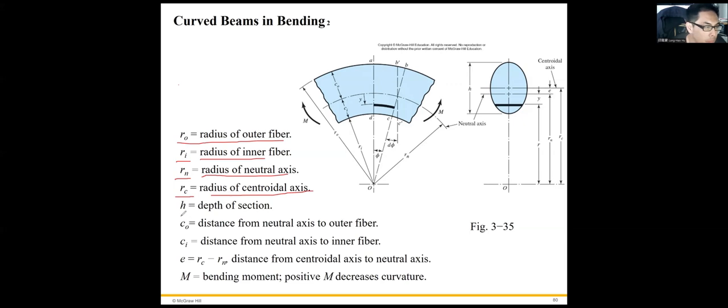And h is the depth of the section. And co is the distance from the neutral axis to the outer surface, and ci is the distance from the neutral axis to the inner surface. And e is the distance from the centroid to the neutral axis. And M is the bending moment.